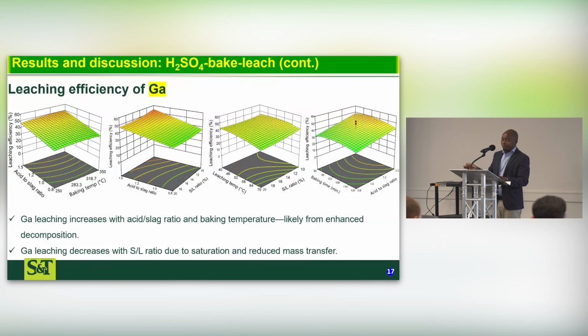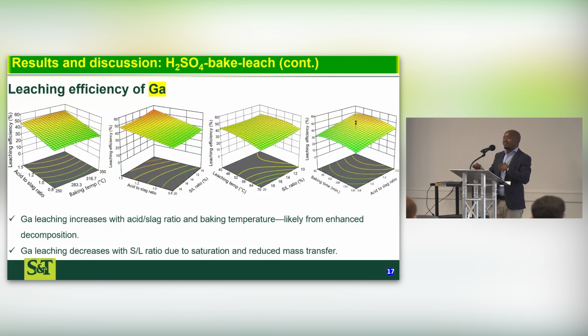So we did some optimization. This shows the effect of acid to slag ratio, baking temperature, and solid to liquid ratio. What we found is that gallium leaching efficiency increased when you increase the acid to slag ratio and baking temperature. This speaks to the ease of decomposition of the minerals that I talked about under this condition.